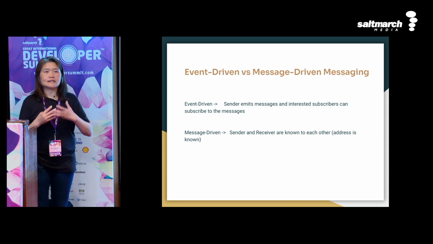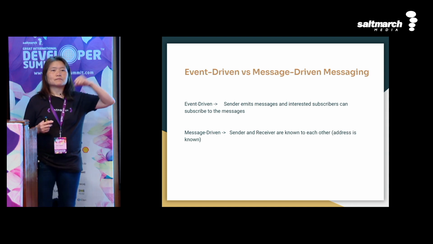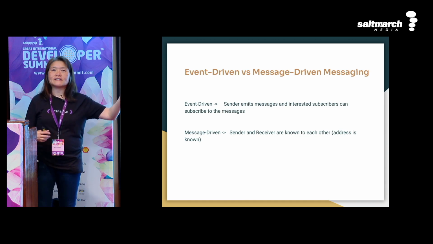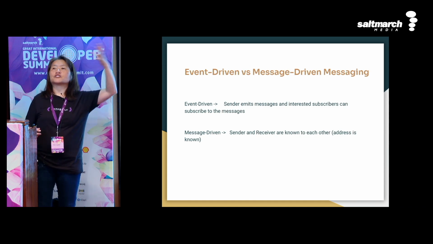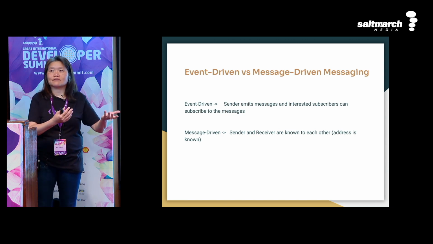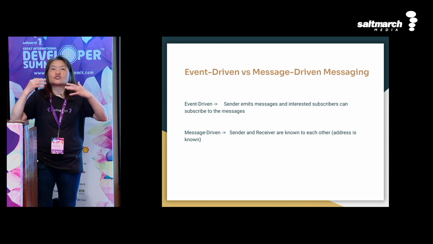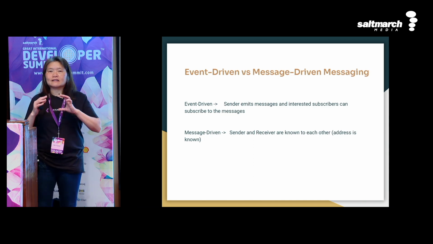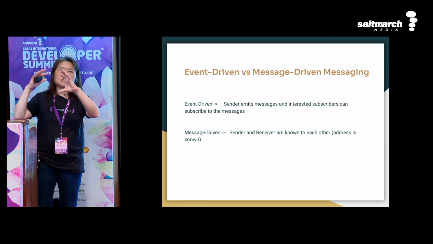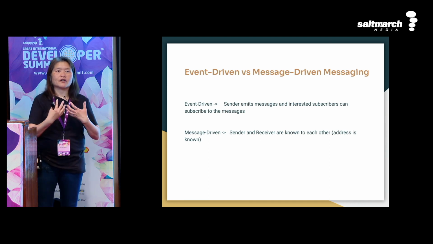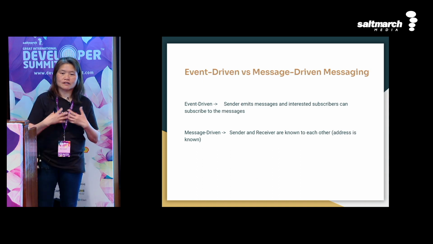Event-driven is basically about a sender sending messages, and the receiving side can subscribe to these messages. So you are publishing messages, but you don't really care who is going to receive them. In other words, you don't need to know the address of the receiver. You're letting a middle agent, a broker, handle it. In Kafka or Pulsar terminology, we use the broker way of doing things.